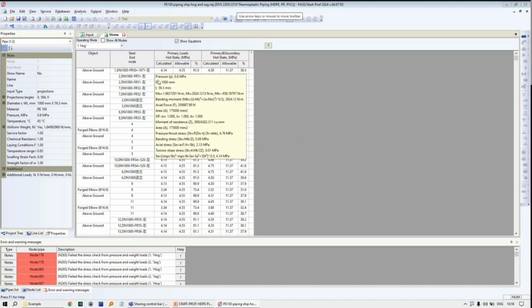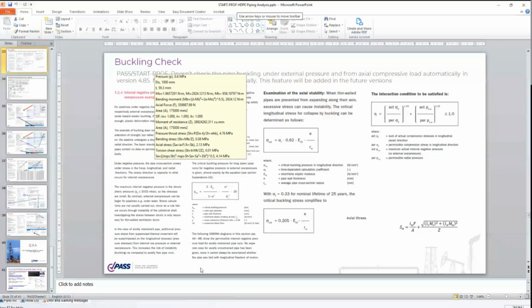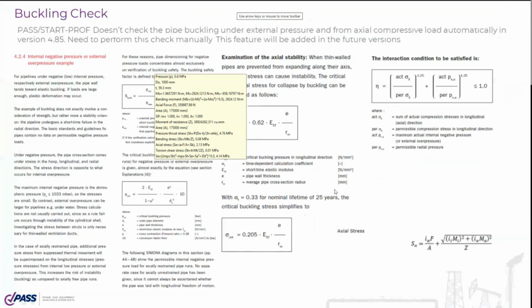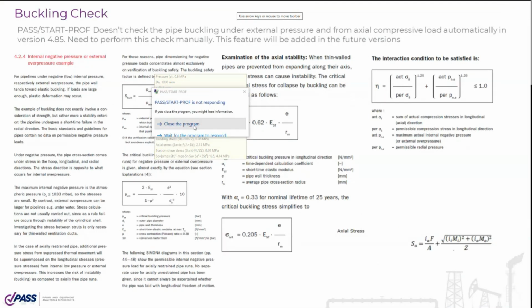Here is the axial stress value, and you can compare it with the allowable stress for the buckling check, or you can take it from the internal force table. Okay, so now how to close it.